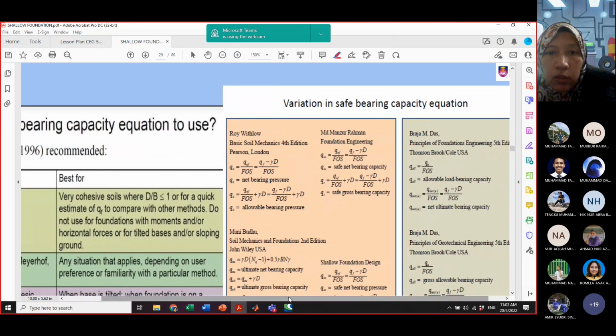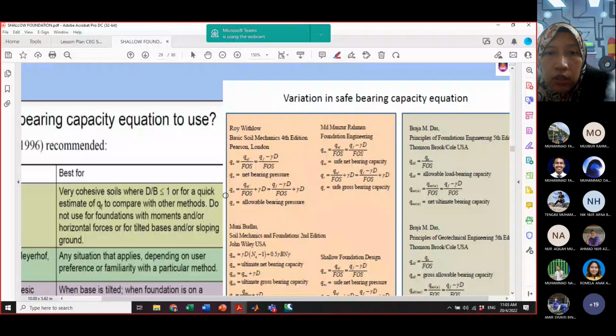Kalau kata Whitlow dalam textbook dia estimate allowable bearing capacity ataupun allowable bearing pressure sebagai Qnf over FOS plus dengan gamma D. Ada setengah yang ambil sebagai Qf minus gamma D over FOS. Maknanya in order to calculate the net bearing pressure ni dia akan ambil net ultimate bearing capacity bahagi dengan FOS.